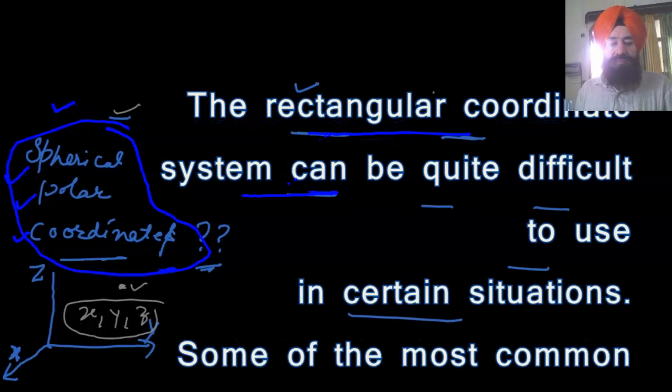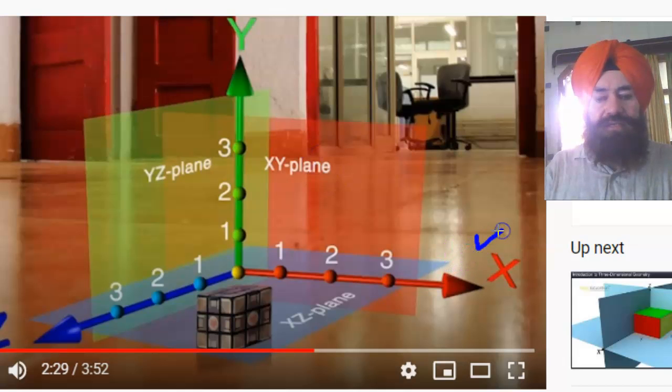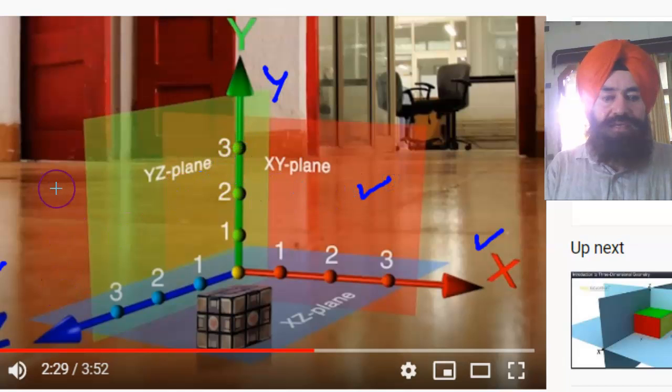Now, in case of rectangular coordinate system, we have the x-axis, y-axis, and z-axis. And thereby we have three planes: the xy plane, the yz plane, and the xz plane. Now these coordinate systems help us find the position of an object.